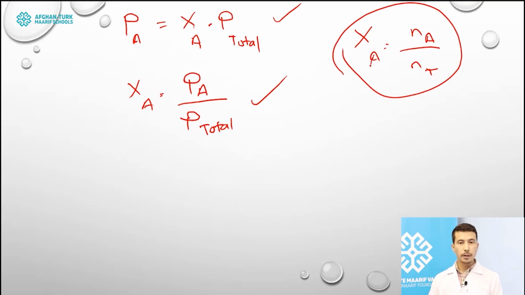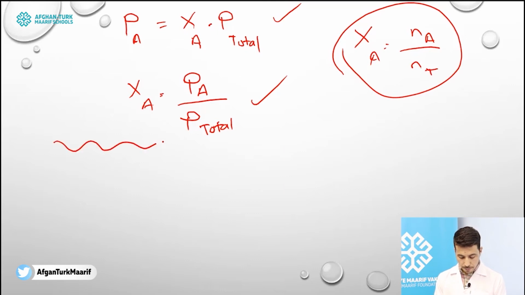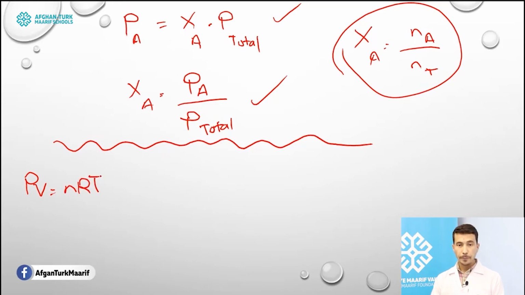So please remember this. The next thing I'm going to tell you is that we can also use the ideal gas law to find the partial pressure of each gas. We remember that the ideal gas law is PV equals nRT. Right now we are talking about the number of moles and pressure of the gases.